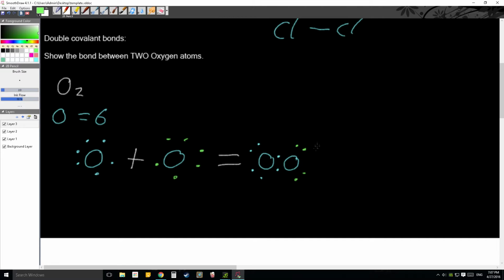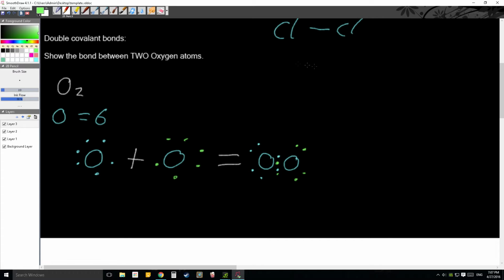And so that's 4, and then 5, and then 6. And so as you can see, they are now all stable. Each side is filled, and each atom is sharing their electrons to create a full shell for each other.